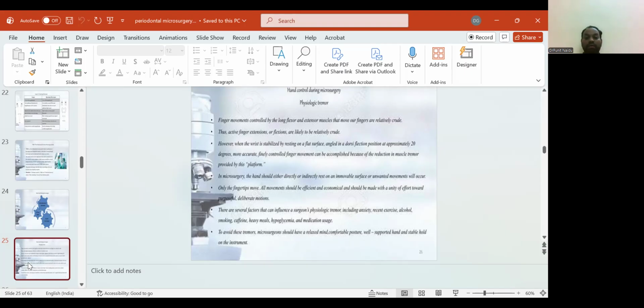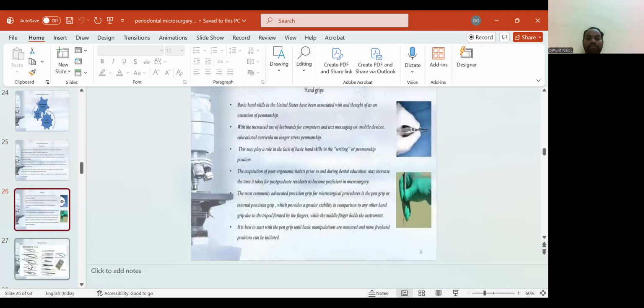There are several factors that can influence a surgeon's physiological tremor, including anxiety, recent exercise, alcohol, smoking, caffeine, heavy meals, hypoglycemia, and medication usage. To avoid these tremors, microsurgeons should have a relaxed mind, comfortable posture, well supported hand, and stable hold on the instruments.